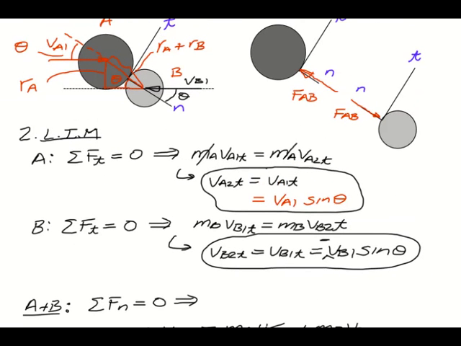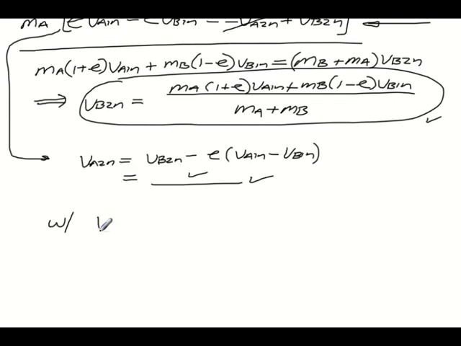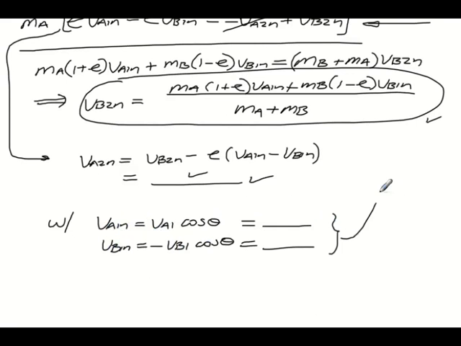The normal component of VA1 is going to be VA1 cosine, and the normal component of velocity of B before impact is going to be minus VB1 cosine. So again, these are known pieces of information, and those go here and there to allow us to solve for VB2N and VA2N.